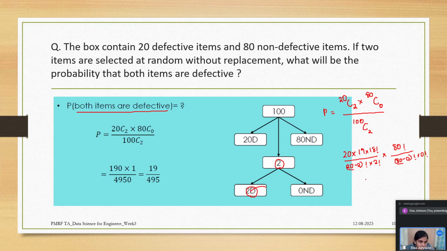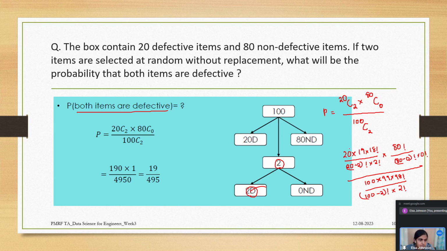Then this down it will be 100 factorial by 100 minus 2 factorial into 2 factorial, so you can write 100 into 99 into 98 factorial.